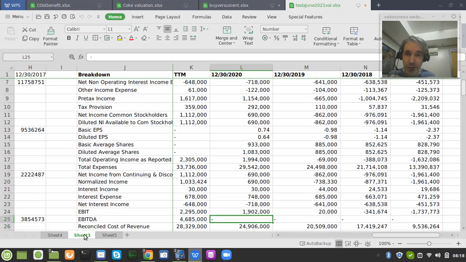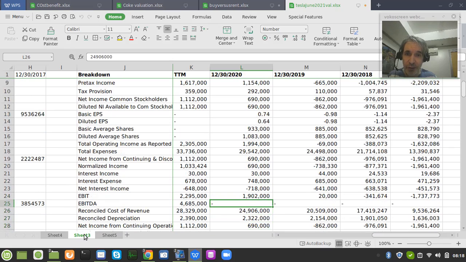what we want to do, okay, let's start with earnings before interest and taxes. That's a good place to start. And what we can see here, and this is very important to look at, you can see this 2017 over here. So this was a very large negative number, so they had a lot of losses.